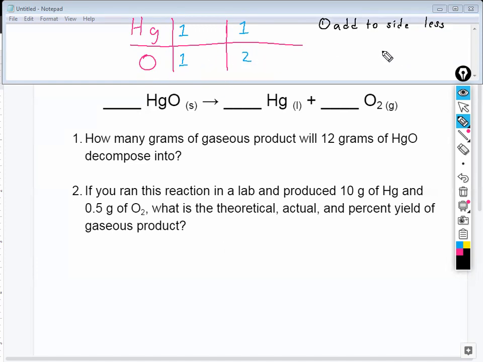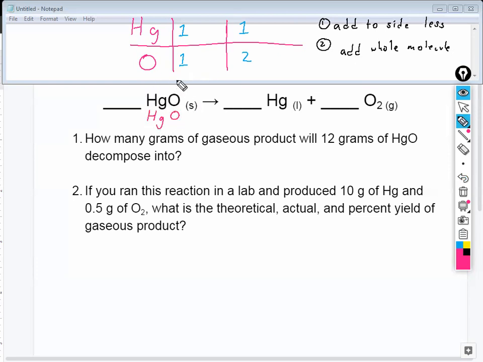We want to add to the side with less, so we want to add to the left side. That's where the second rule comes into play. We want to add the whole molecule. You can't just add the one that you need. So we're going to add HgO. You can't just add Hg, you can't just add O, you have to add the whole thing.